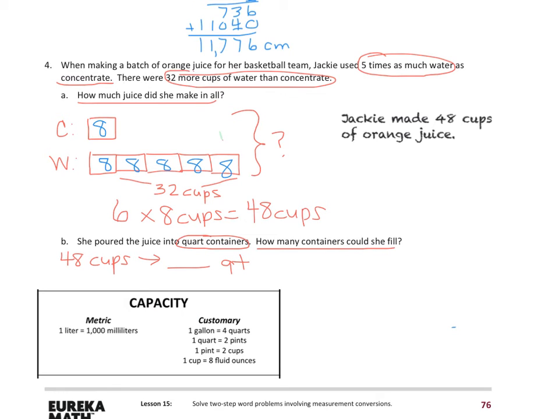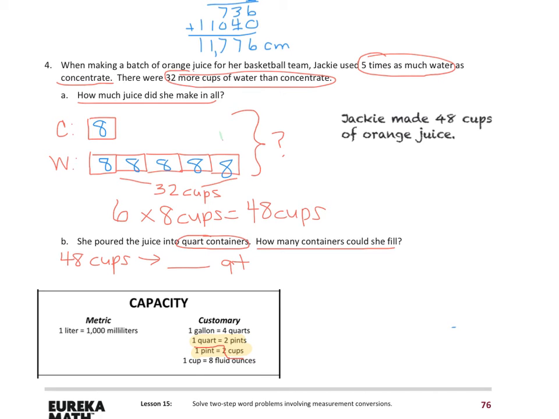So I went ahead and pulled up the conversion chart again, and I'm going to highlight. We are trying to go from cups all the way to quarts. If you look at it, 1 pint equals 2 cups, and 1 quart equals 2 pints. So here's the trick on this. We want to go from 1 quart down to the cups, if that makes any sense.